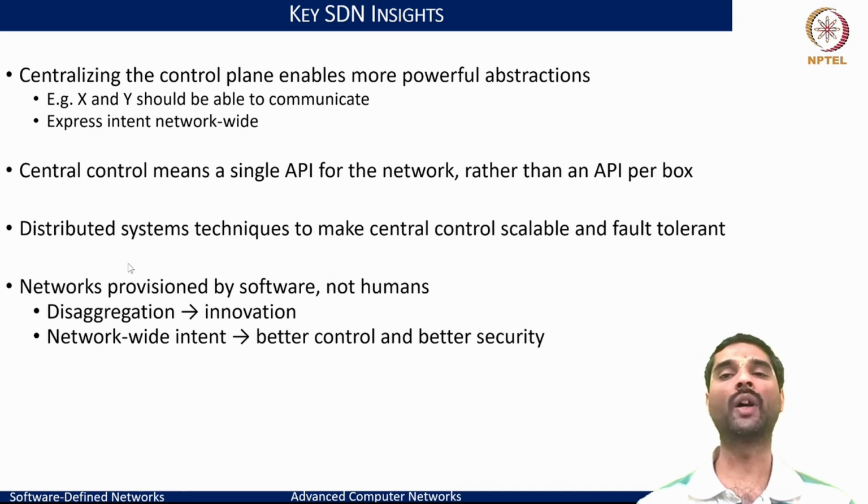And it's a very powerful abstraction, because now anyone who would want to communicate needs to just express the intent of how they would want to communicate, and the rest of the complexities of making sure that forwarding tables, everything can be done, would be done through a programmable way at a centralized controller. And this centralized controller also means that it's a single API for the entire network.